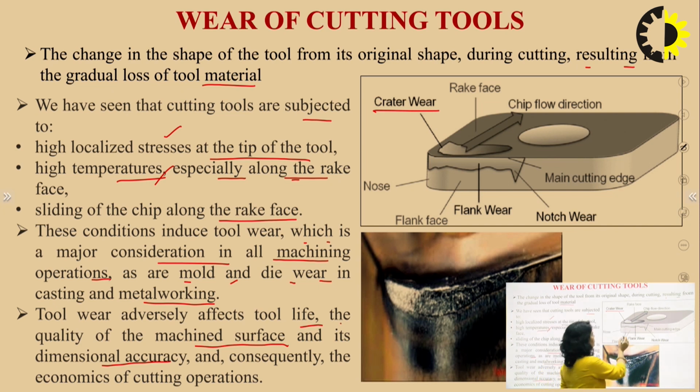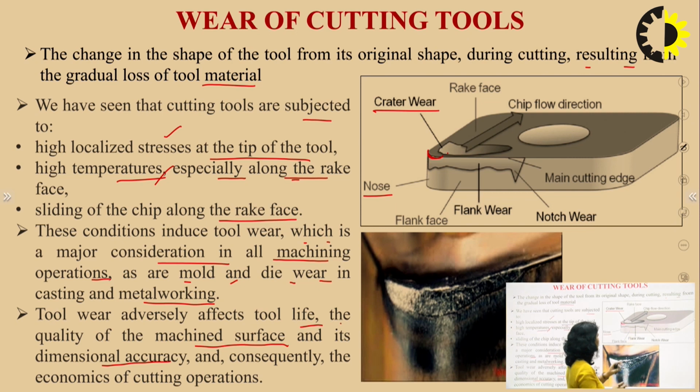We can see here that this is the crater wear. Crater wear is a type of pit formation that has occurred here along the rake surface of the tool. Then this is the nose radius provided here, this is the nose, and this is the flank surface of the tool. The surface vertical to the rake face is the flank surface of the tool.